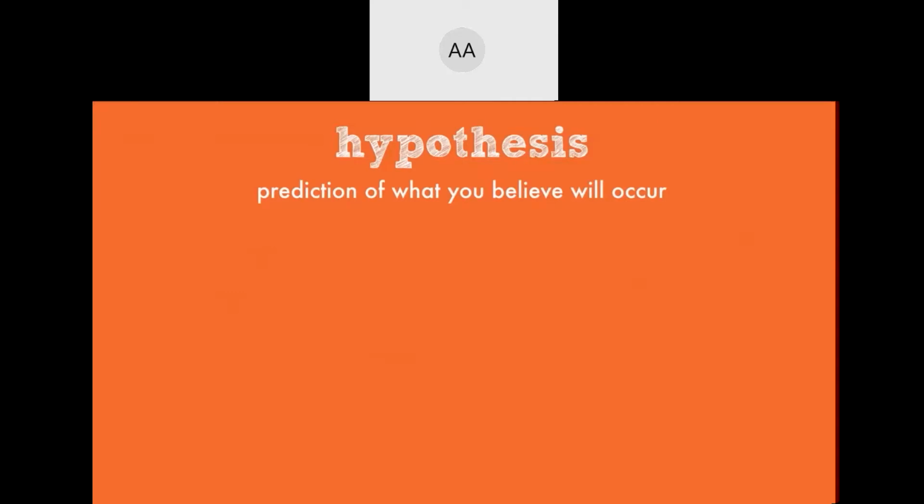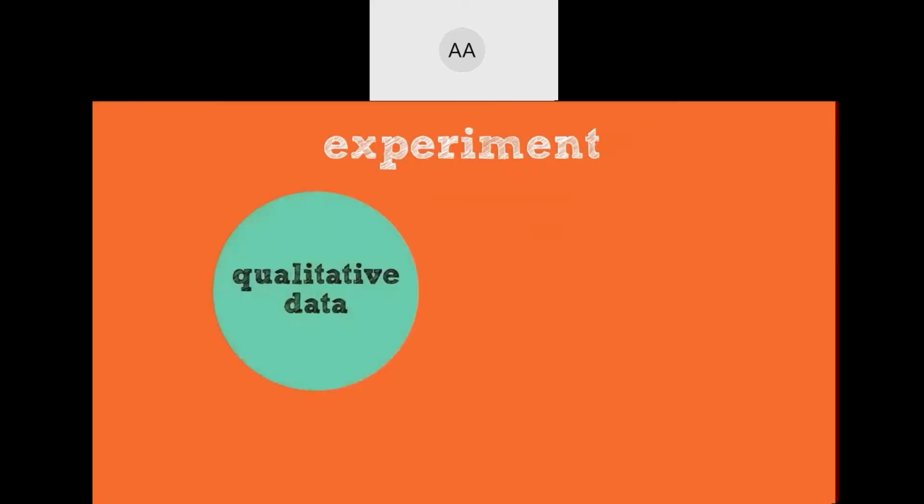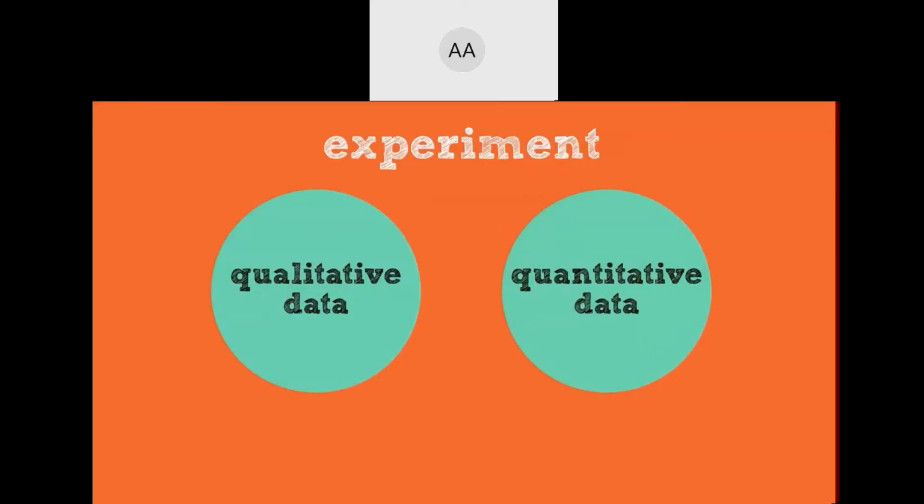It is often seen as an if-then statement and is very specific. Here's an example. If gummy bears are placed in water for 24 hours, then they will swell to over twice their original size. It has an if and a then, and uses specific terms that make this experiment repeatable. The experiment itself is made of several parts. Most experiments collect 2 types of data, qualitative and quantitative. Qualitative data relies on descriptions like soft, yellow, shiny, or wet.